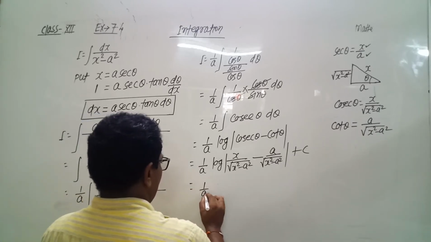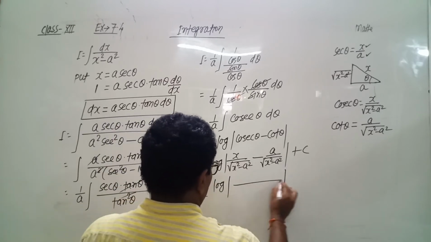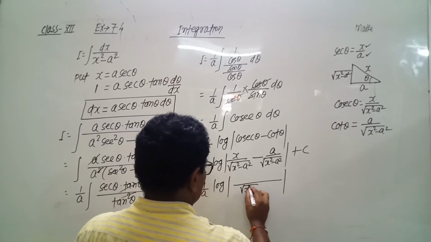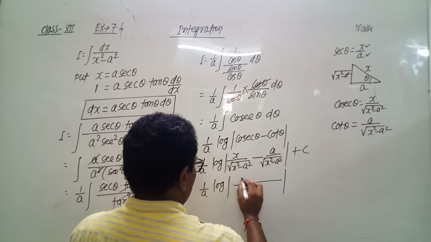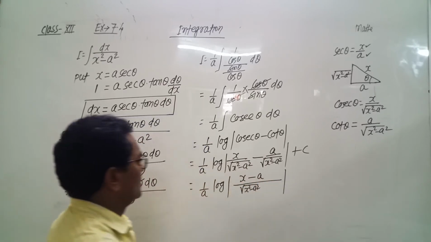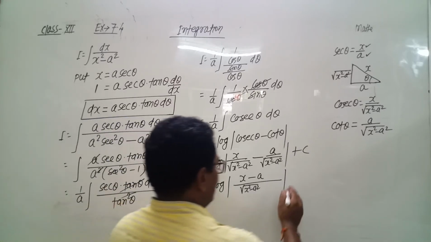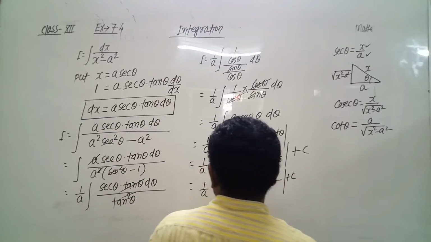So 1 by a log. The LCM is root over x square minus a square, and this gives x minus a. So 1 by a log of x minus a upon under root of x square minus a square, plus c.